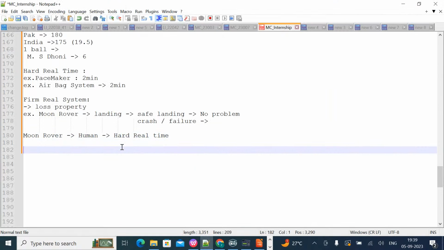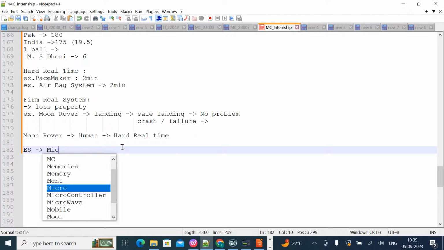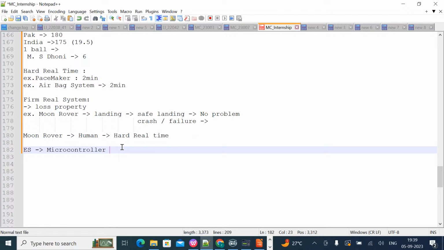Let's say you are designing one embedded system, one application. You did the designing and you started production. You selected one microcontroller, and you will be doing the production, let's say, for the next 2 years.